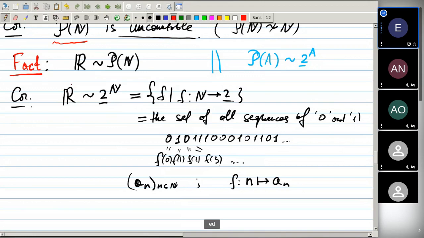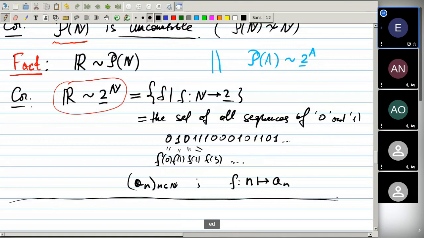So here we have that the set of all reals is equivalent to the set of all sequences of zeros and ones, of all such infinite sequences. One interpretation of this fact is as follows. You can express every real number as an infinite fraction, but in binary notation. Is this idea clear?